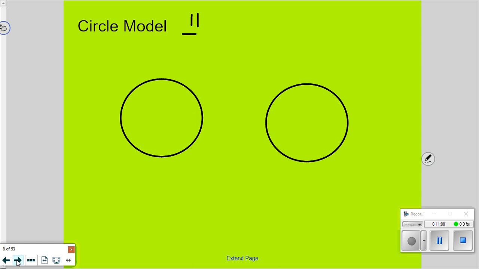It wasn't a question. So I don't really like circle models because it can get hard to draw equal size pieces. So if you have an opportunity to draw a fraction, I do not recommend a circle model. Can you? Sure. It's just harder.